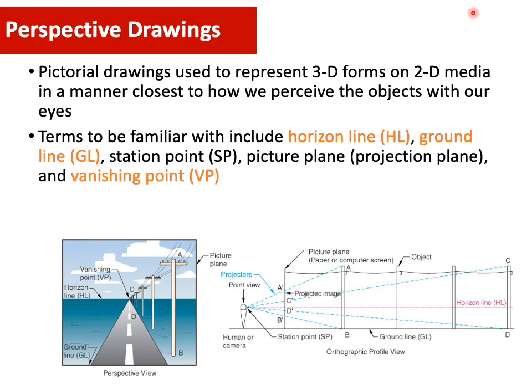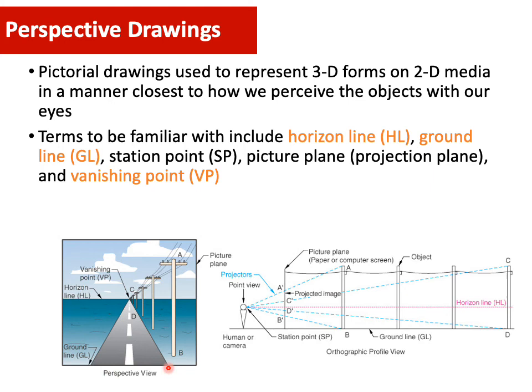So mostly you're going to have a vanishing point, VP. You need to have a point, you need to have this horizon line, and you also need a ground line. Vanishing point, horizon line, and ground line.